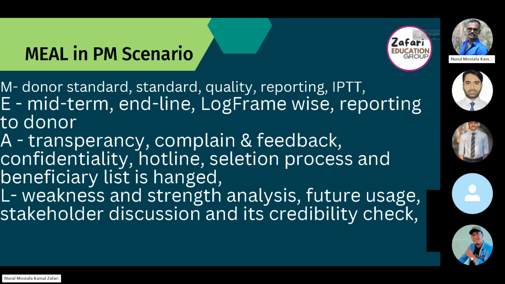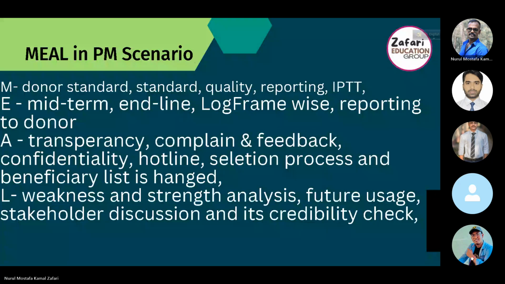And also, monitoring means to oversee the activities of the project staff members in line with the standards set by the organization and sponsors.